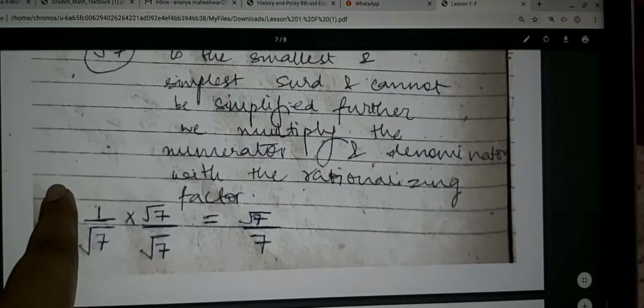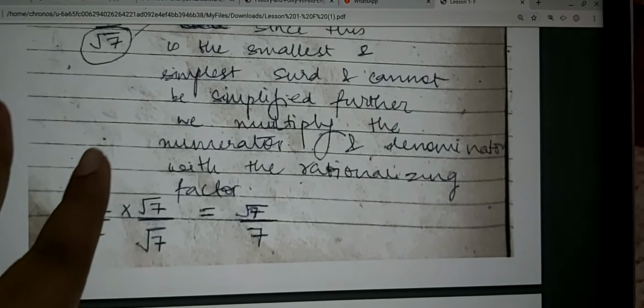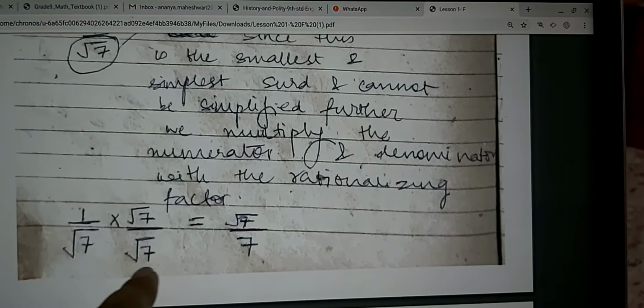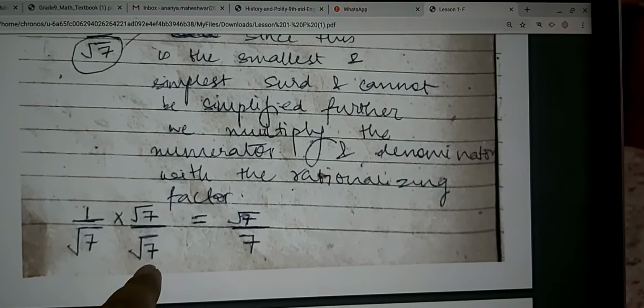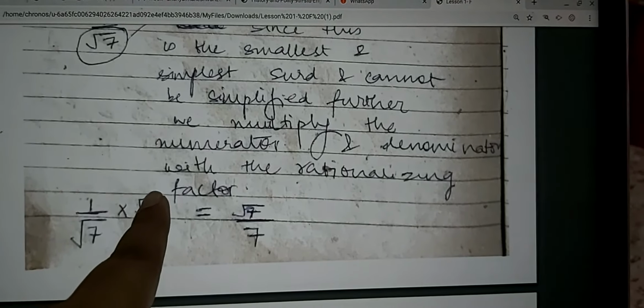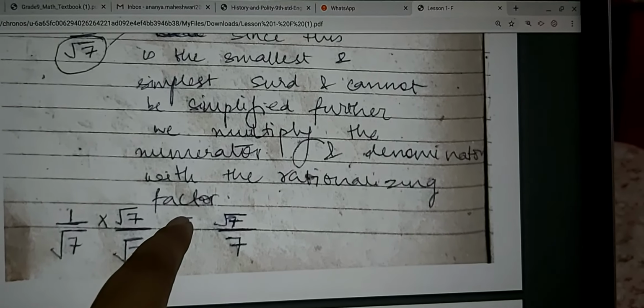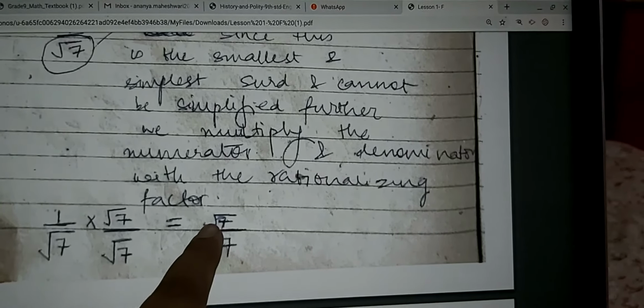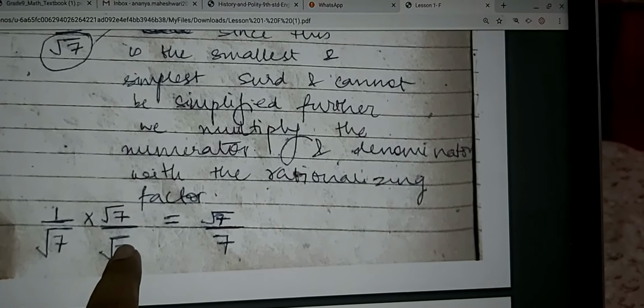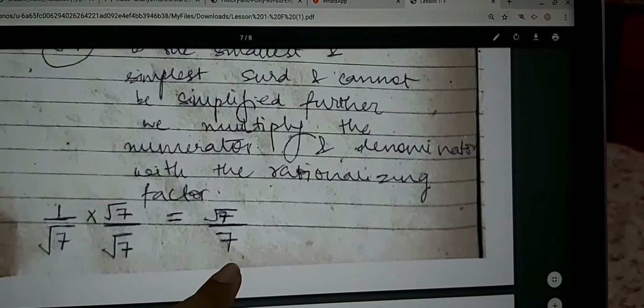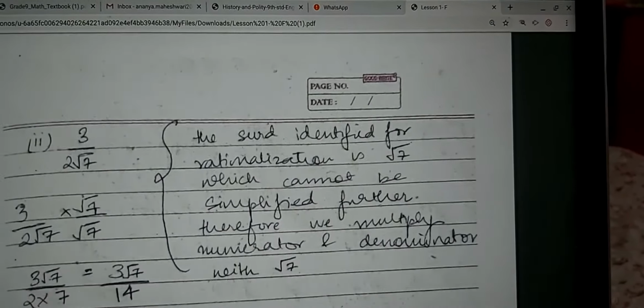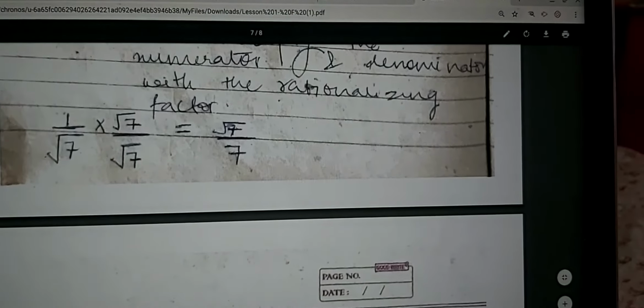Now because this is a fraction, you're going to bring 2 root 7s, not 1. क्योंकि आपको नीचे रैशनलाइज करना है डिनोमिनेटर, बट आपको न्यूमरेटर भी तो देखना होगा ना. So you are going to do root 7 upon root 7, which becomes 1 into root 7 becomes root 7. Root 7, when I multiply it becomes 7. Okay, that is the most rational form.